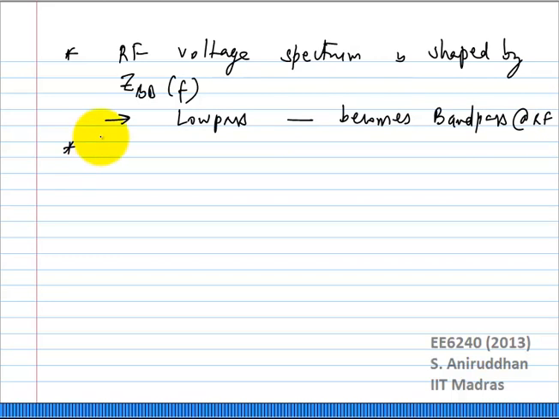So the input impedance is the same ZBB of f, but translated in frequency to the input frequency, or the LO frequency.